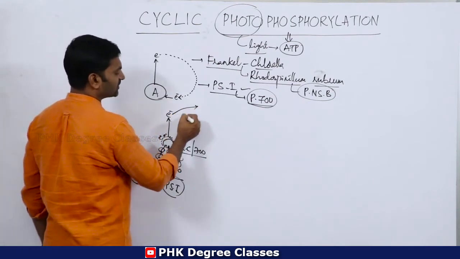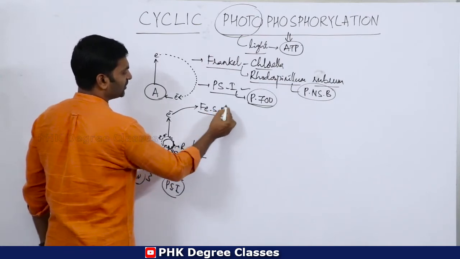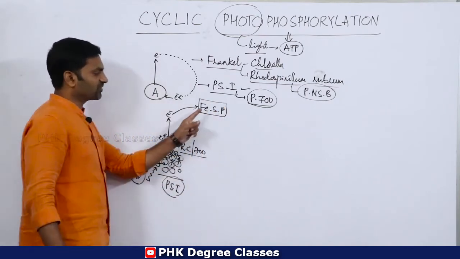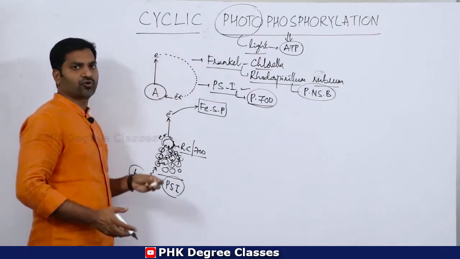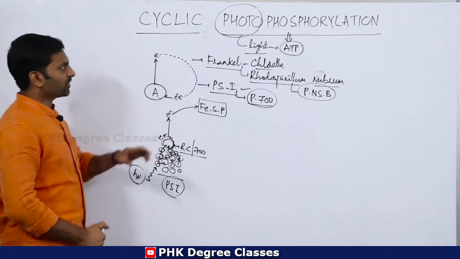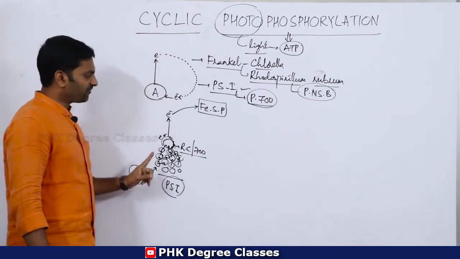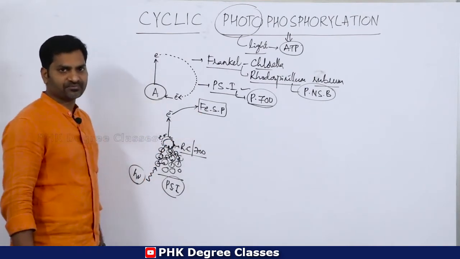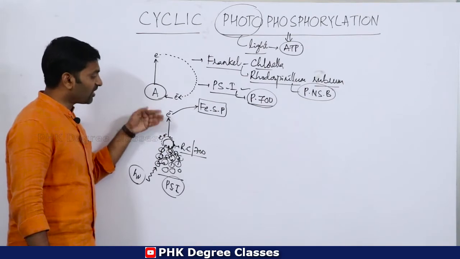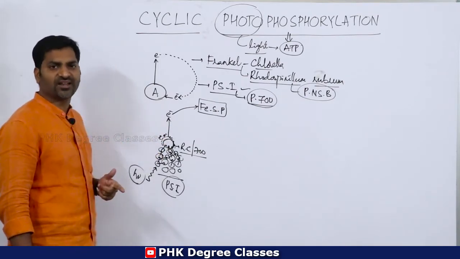These electrons are received by iron sulfur protein, the first electron receiver in PS1, or you can say in cyclic photophosphorylation. So electrons are lost whenever the chlorophyll a molecule becomes excited.